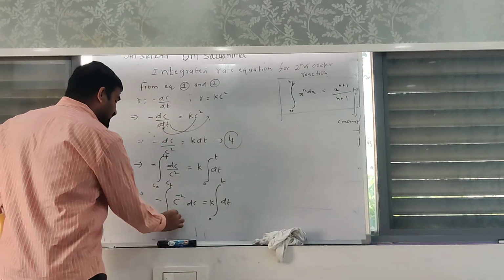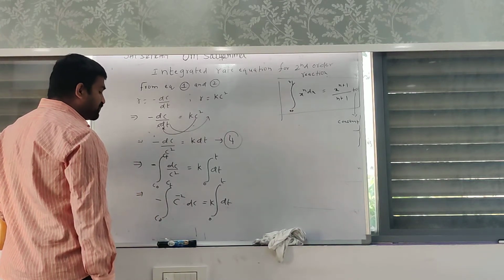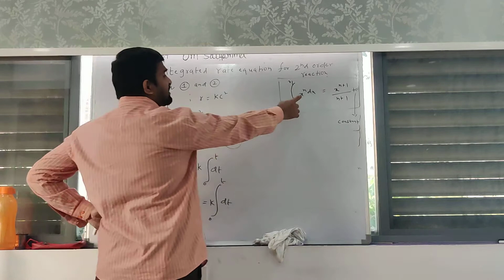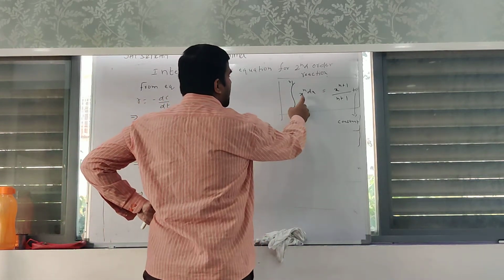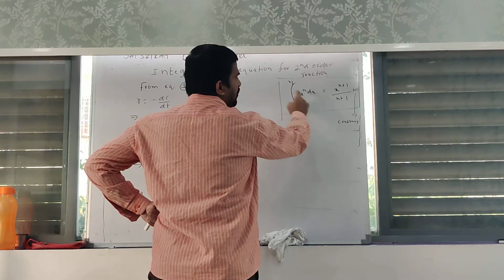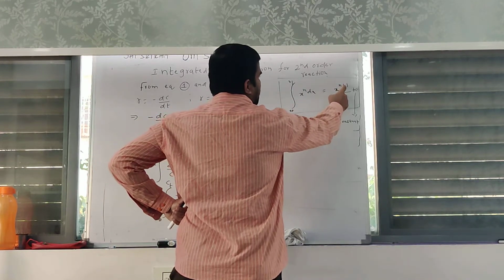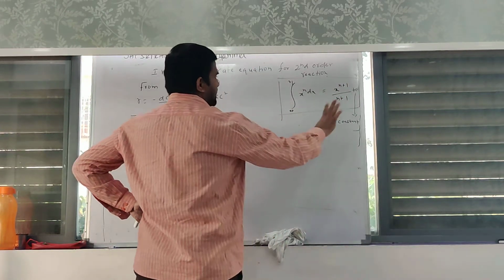This integration formula is the general formula: the integration of x power n dx from x naught to x1 is equal to x power n plus 1 by n plus 1 plus c, constant.